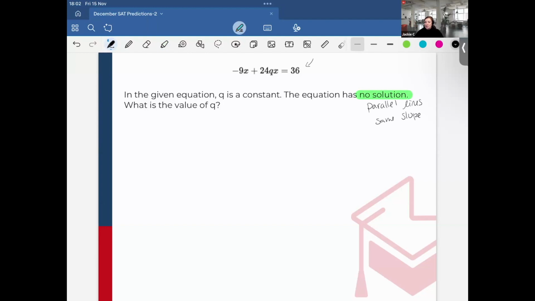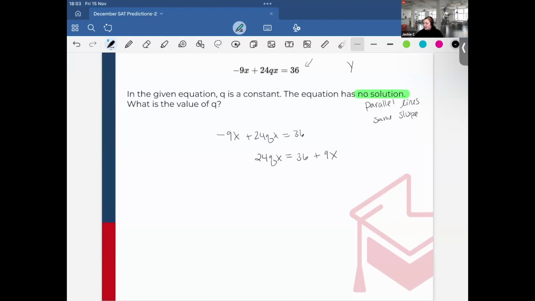So a really simple way to solve this would just be to take our original equation and move the 9x to the other side. And what I'm seeing here, like y equals mx plus b, remember the coefficient in front of x refers to the slope. So in here, this would be the slope, and on the right-hand side, this would be the slope.